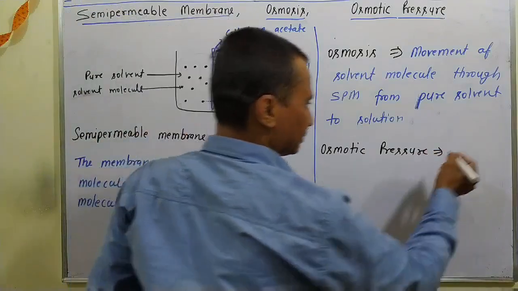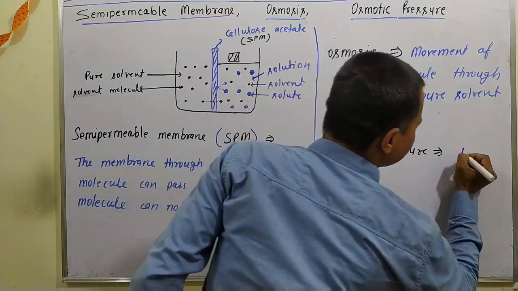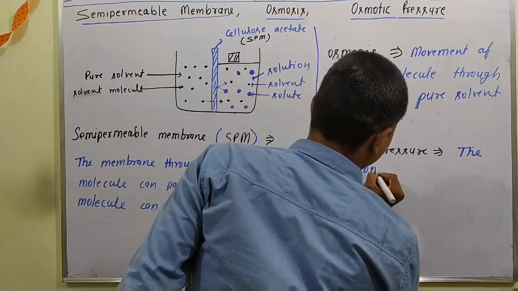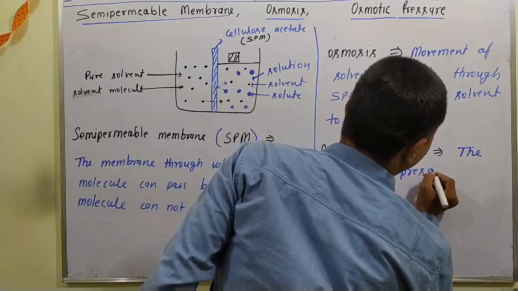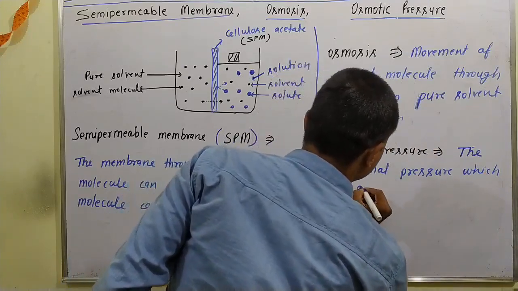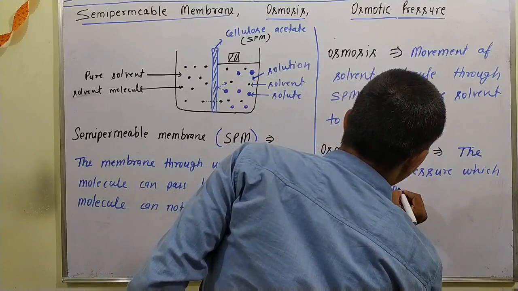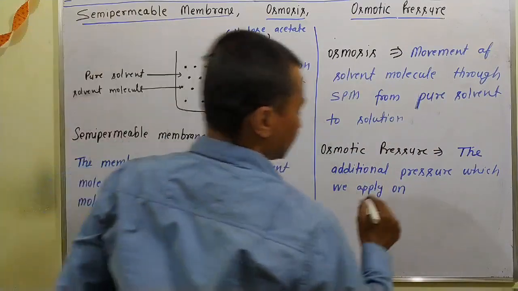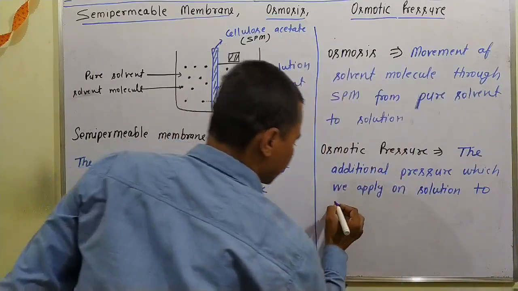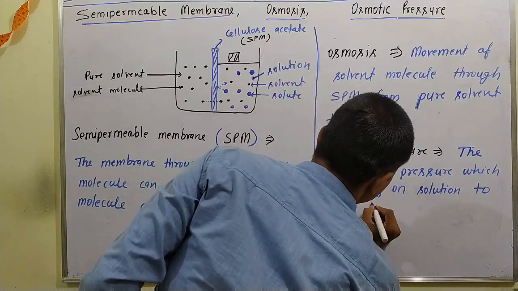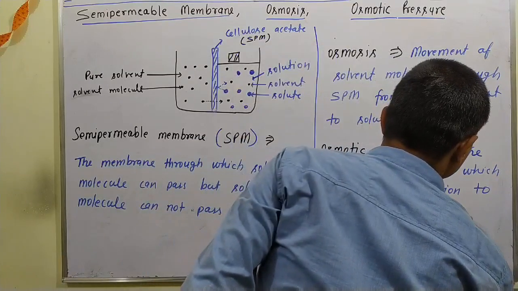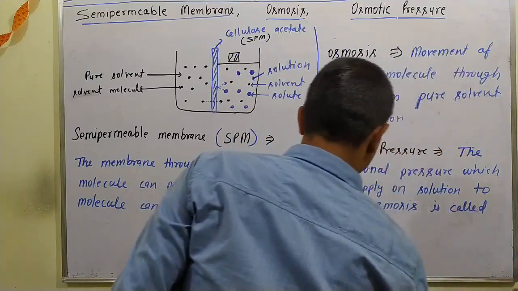So we can define it as the additional pressure which we apply on the solution to stop osmosis is called osmotic pressure.